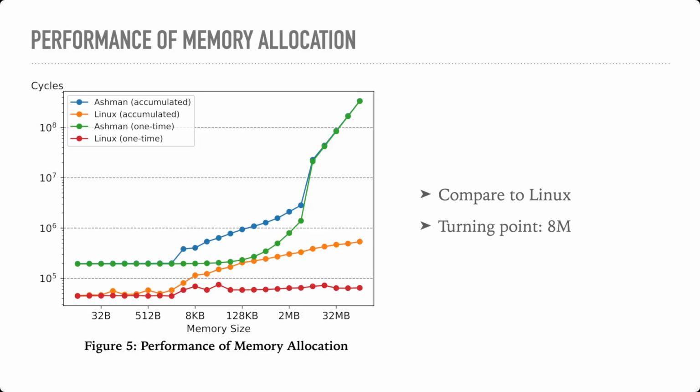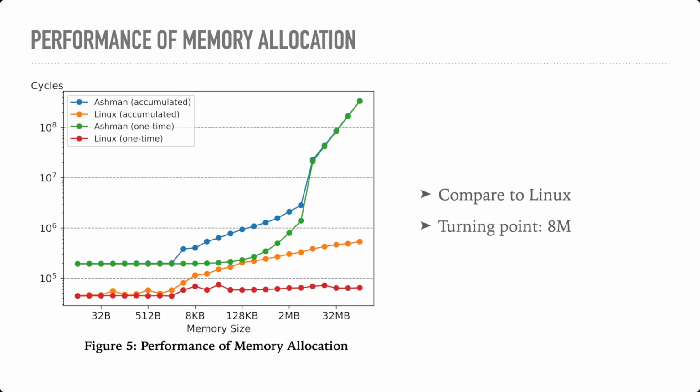Due to the lack of optimization, Ashman is much slower than the Linux allocation algorithm. But you will see the time is relatively small, because for 32 megabytes, it requires less than 10 to the power of 8 cycles.